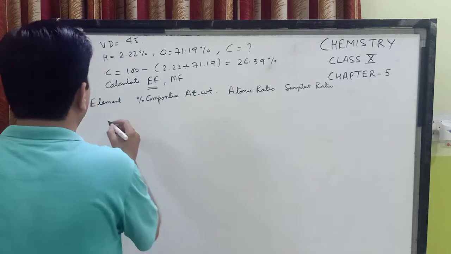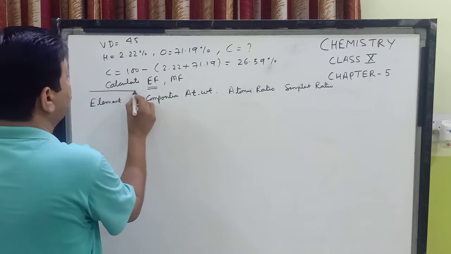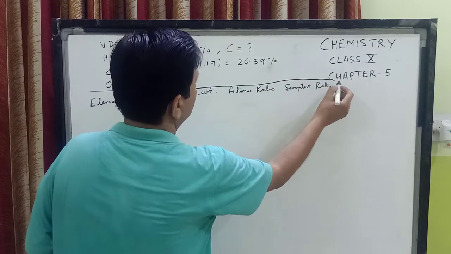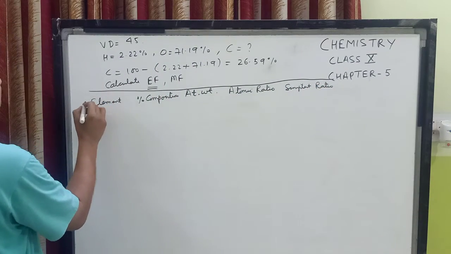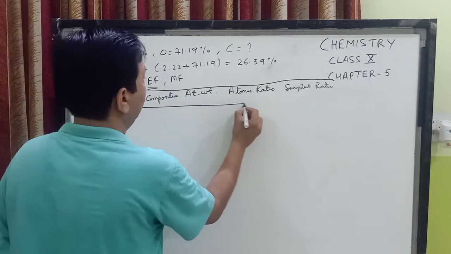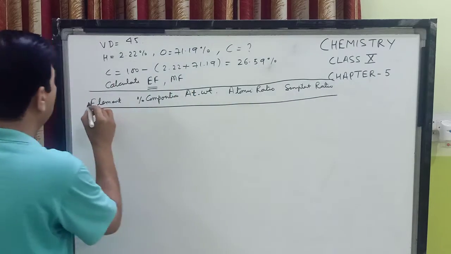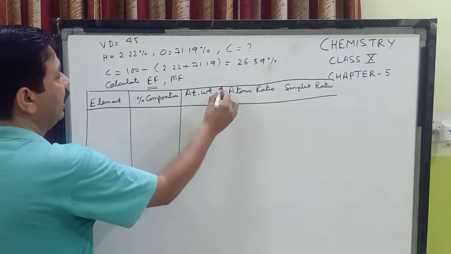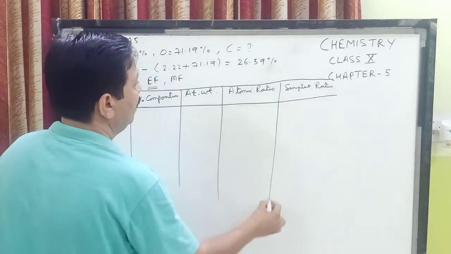Children, we make a straight table like this. You can use your scale and start doing it in your registers or notebooks. Here we have to calculate these values.